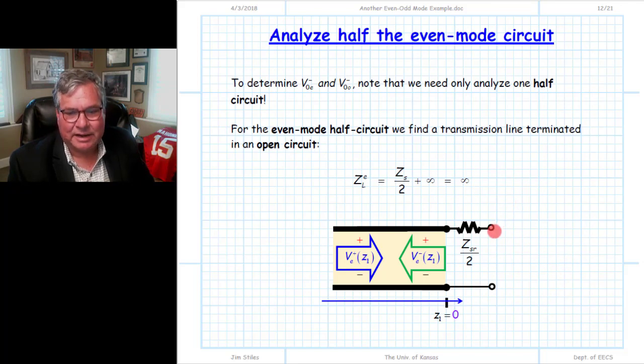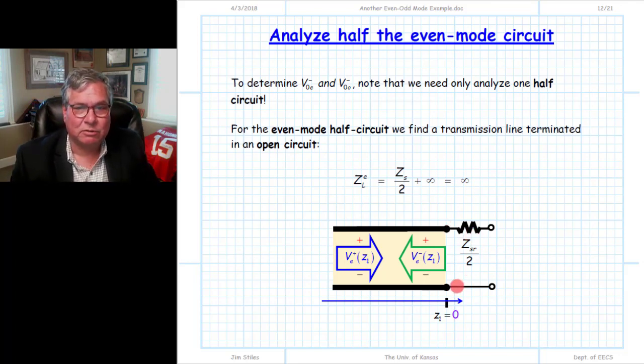Since this is a virtual open here and here, we have an open circuit. What we have now is a lumped impedance of this value in series with an impedance whose magnitude is equal to infinity. And so the impedance of these two things in series will likewise have a magnitude of infinity. In other words, this transmission line will be terminated now in an open circuit.